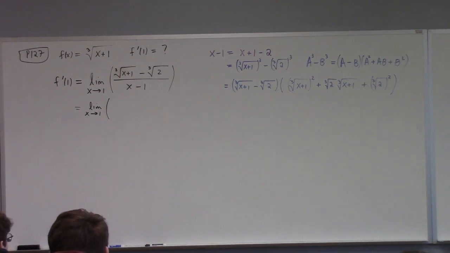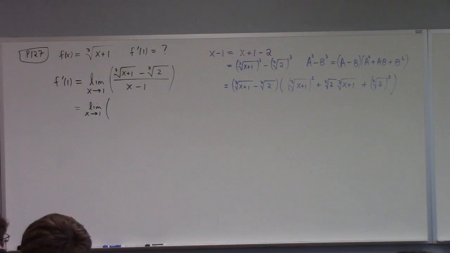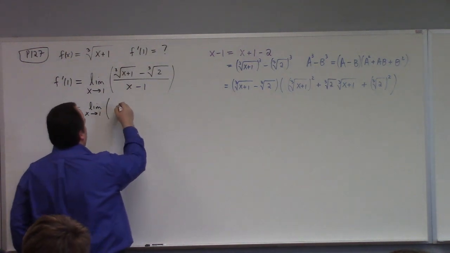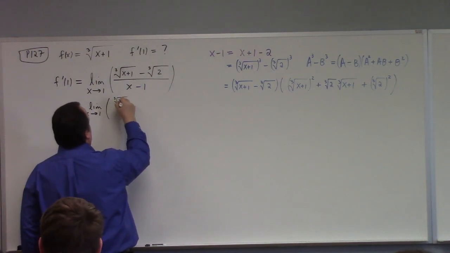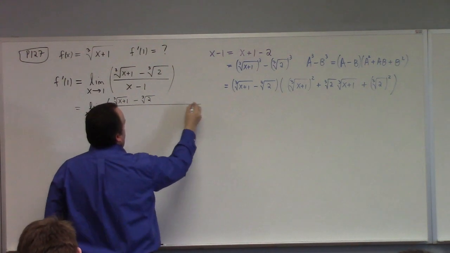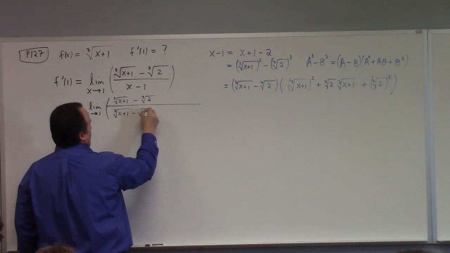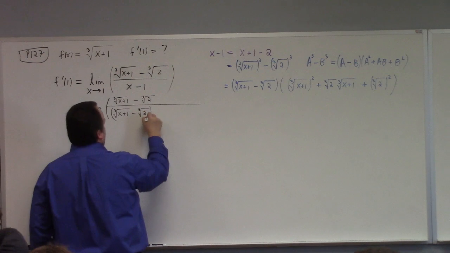All right, so I'm just going to copy down what we worked out in blue here, right? So we've got the same thing, so those are going to cancel, right? Which is lovely.